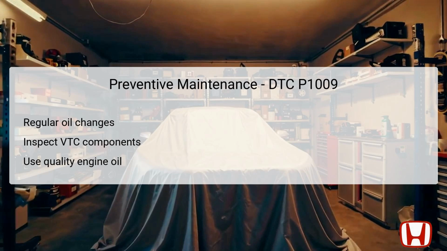During service, inspect the VTC components, including the actuator and solenoid, for any signs of potential failure or deterioration. Consider using high-quality lubricants designed to keep engine components clean and functioning optimally, as this can extend the life of the VTC system. Keeping up with maintenance ensures that the engine performs efficiently and minimizes the likelihood of future issues.